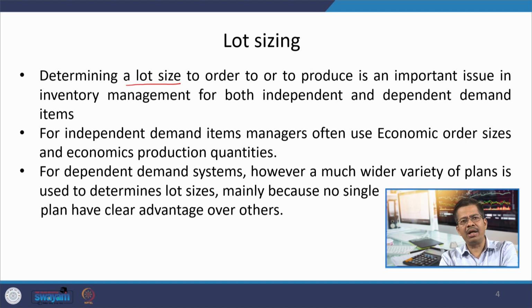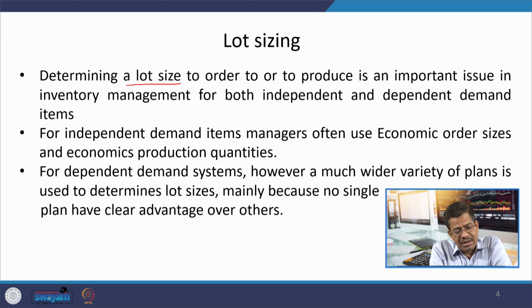Let us say my immediate requirement is 5 units, but it may not be economical to buy just 5 units, and I know that there will be a future requirement also. So, in place of 5, I generally purchase 10 units, 5 for immediate consumption and the remaining 5 for the next requirement.